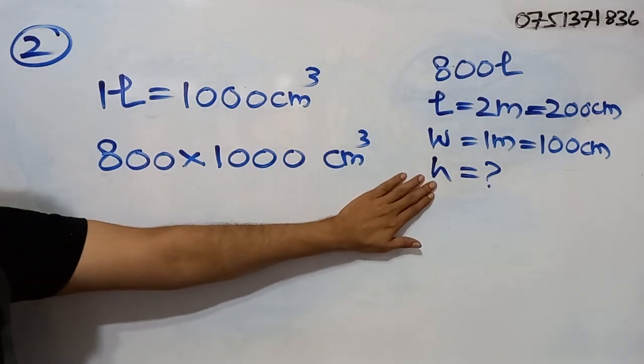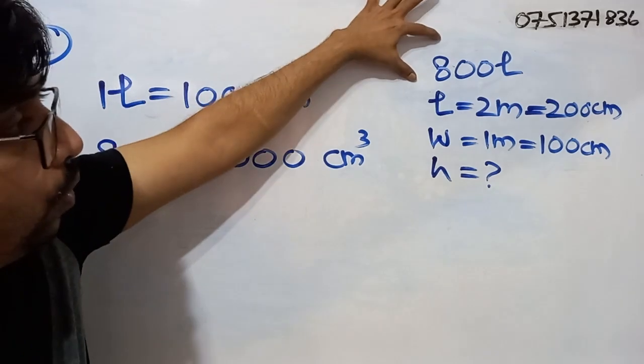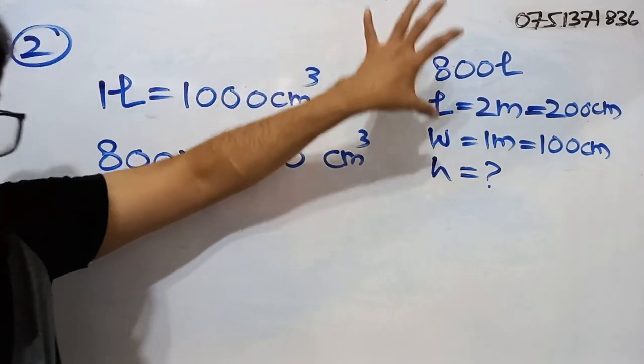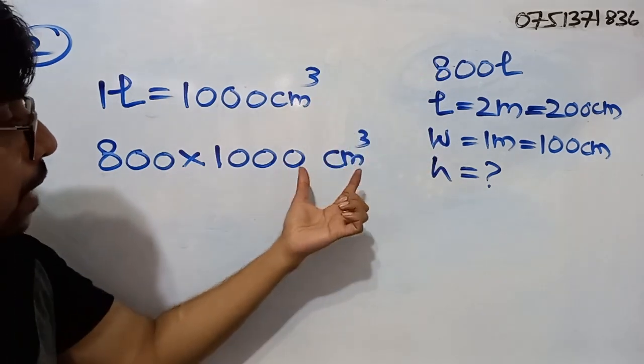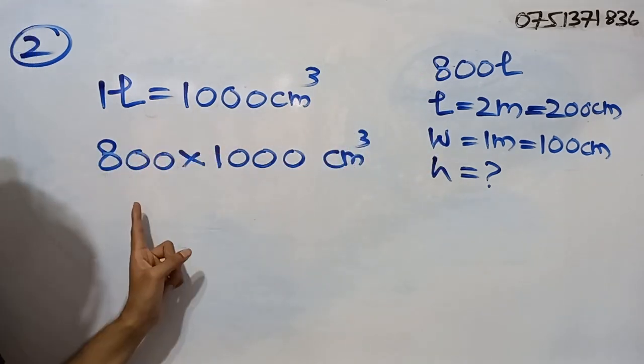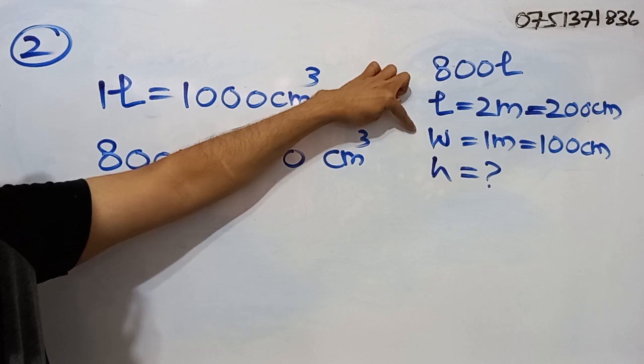Now we will again go back to the question. What is the thing that we need to find? We need to find the height of this concrete tank. We know the volume of the concrete tank at the moment, right? And already we have converted that into what? Cubic centimeters. We know the length, we know the width, right?